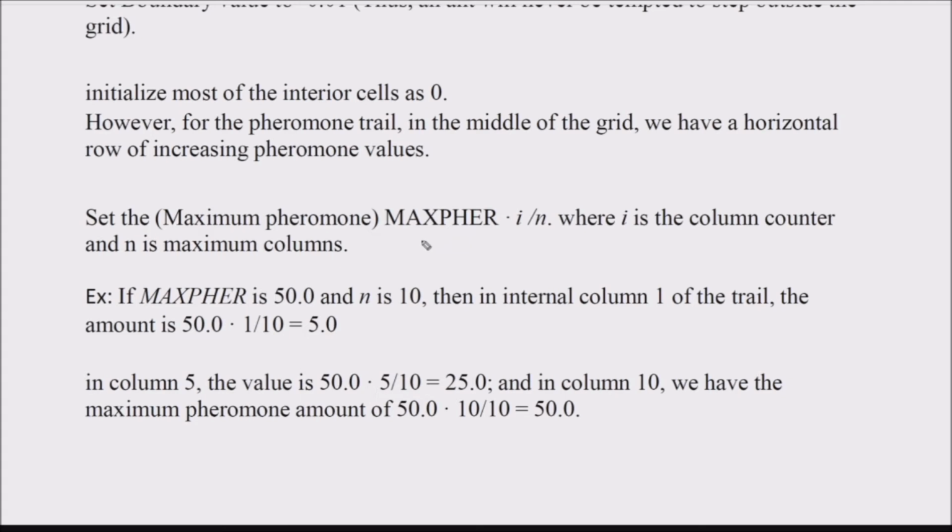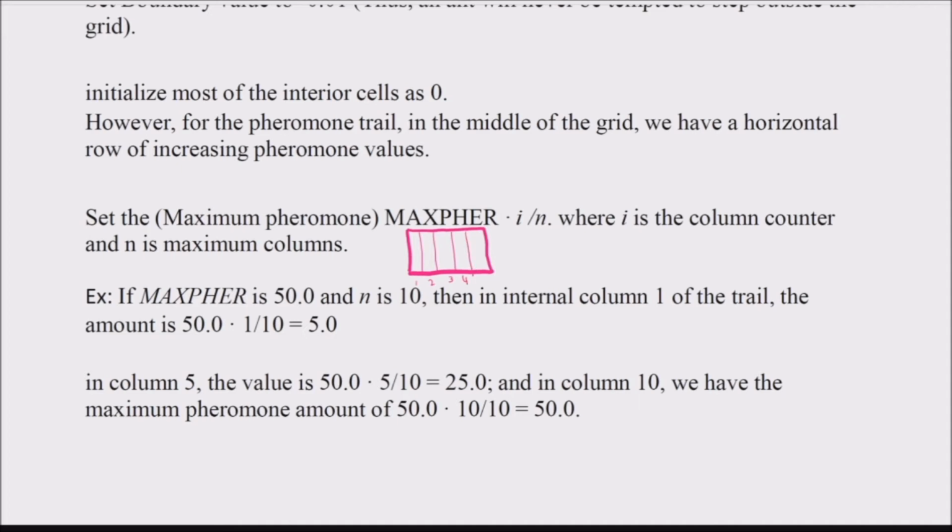So in this case, if I have something like this, and I have the pheromone amount, or the chemical amount, in sort of order, let's say this one is the first column, this is the second column, this is the third column, and fourth and fifth.